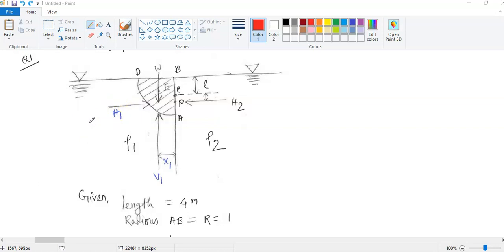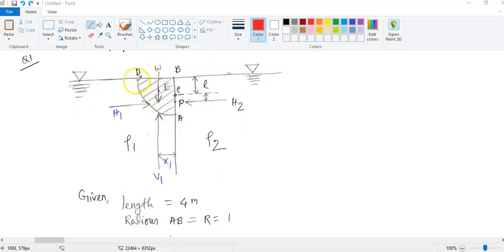Definitely I will upload more videos on the theories, discussing what the center of pressure and centroid are, and why we get the horizontal and vertical force. This is a lengthy problem, so I have less chance to discuss those theories here. It would increase the length of the video. So I assume you know what center of pressure and centroid are, and you have enough idea about the horizontal and vertical force for a curved surface.